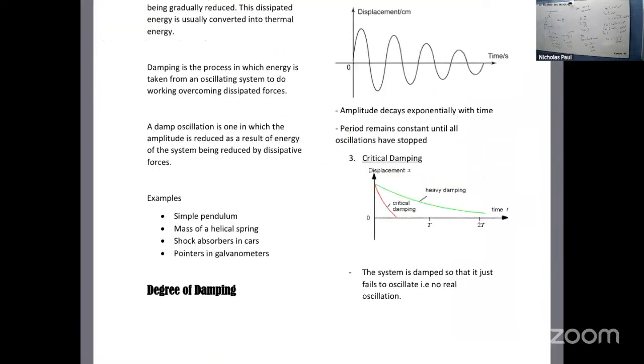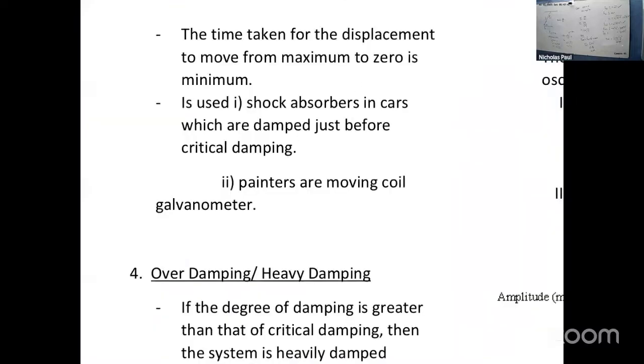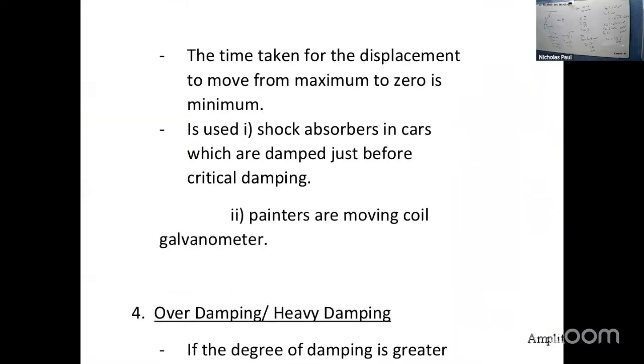That is no real oscillation. That's critical damping. The time taken for the displacement to move from maximum to zero is a minimum. It is used in shock absorbers in cars, which are damped just before critical damping, pointers in a moving coil galvanometer.